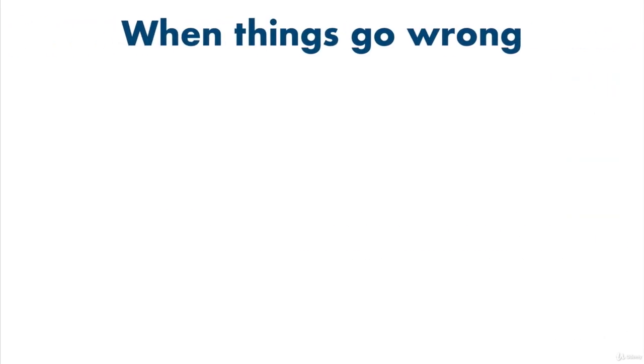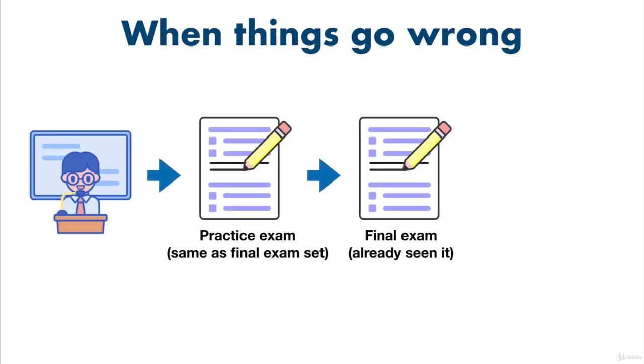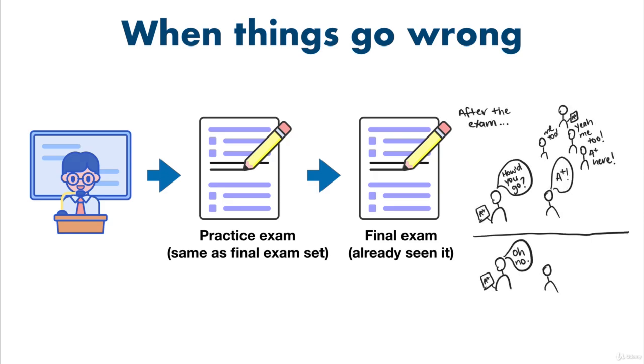Now, where might this go wrong? Well, if your professor accidentally sent out the final exam for everyone to practice on, when it came time to the actual exam, everyone would have already seen it. Since people know what they should be expecting, they go through the exam, and they answer all the questions with ease, and everyone ends up getting top marks.